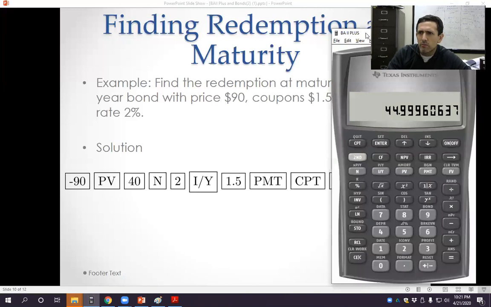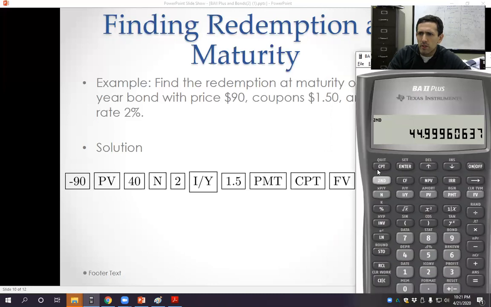So we're going to proceed basically like we've done before. So clear TVM. The price we're given is 90. Order doesn't matter. So 20-year bond. I think I said 20 years. Yes, I did. Very good.